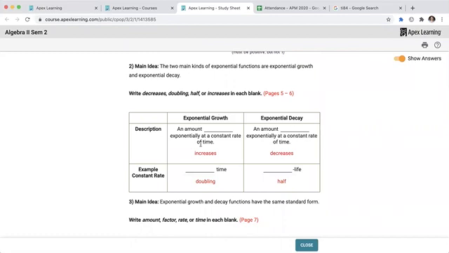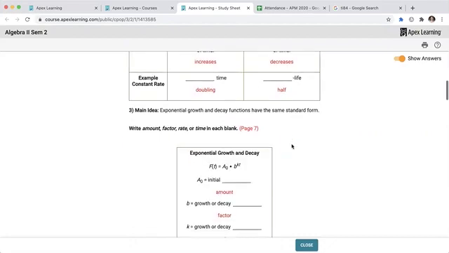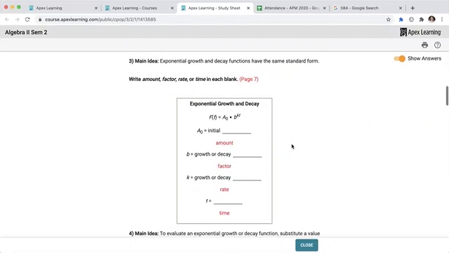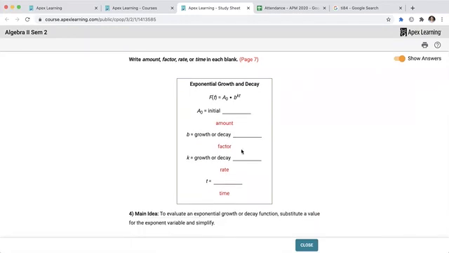So again, growth being an increase, decay being a decrease. Identifying the different parts of our exponential growth function. This was talking about something in general. So if we start with our initial amount, B is going to tell us if it's a growth or decay.